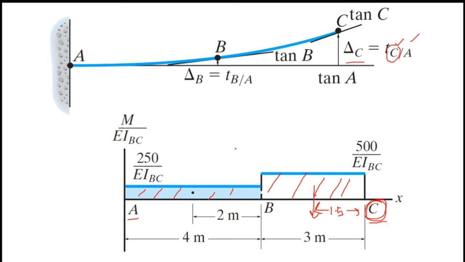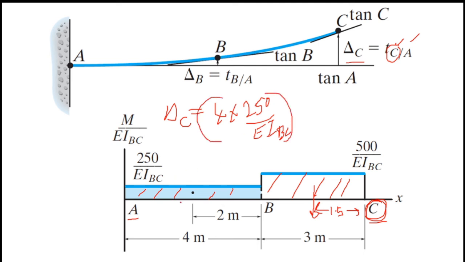Next I am going to write the equation. Delta C equals, here I have to consider these two parts separately. First I consider this part. So the area of this small rectangle is 4 times 250 over EI BC, and the distance to the centroid is, this is the centroid, this length is 2 meters, this length is 3 meters, 2 plus 3 equals 5.